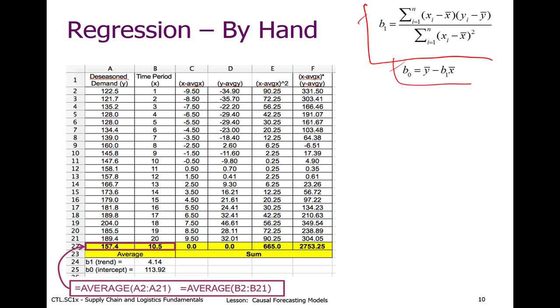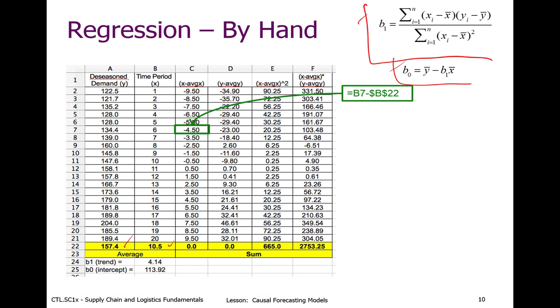So first in row 22, I'm taking the average of the Y term and the X terms. And then over here in columns C, D, E, and F, you see what I'm doing is I'm calculating each one of these terms. Column C is just the observed X minus the average X. Column D is the observed Y minus the average of the Y's.